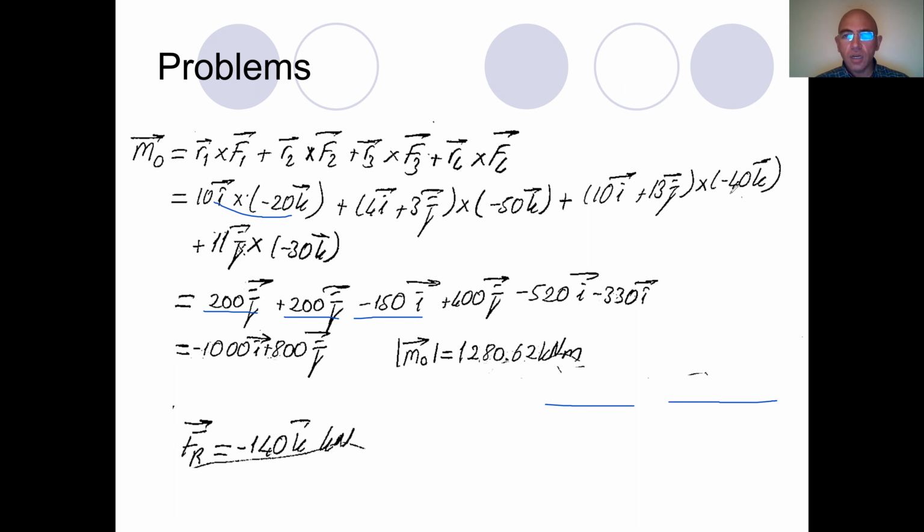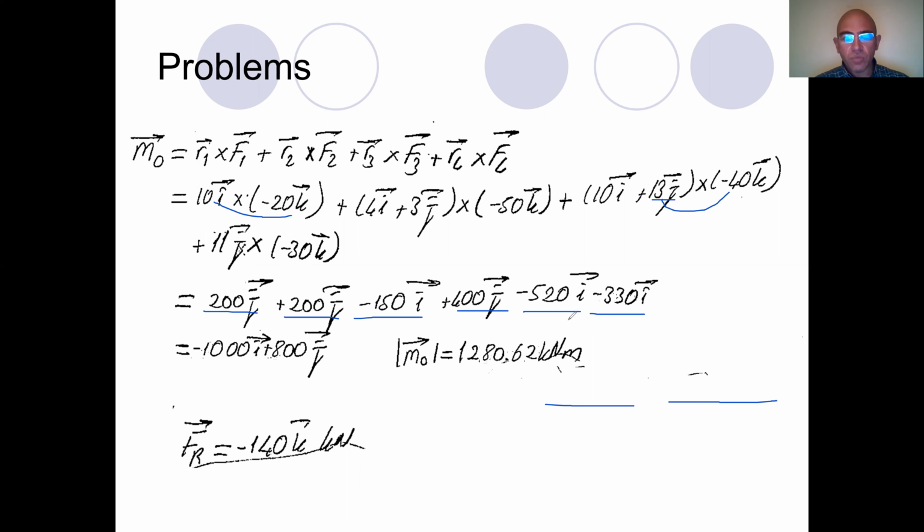Here 10i multiplied by minus 40k, so it is positive 400j vector. 13j multiplied by minus 40k is minus 520i vector, and at last I have 11j, so this is R4 multiplied by F4, 11j multiplied by minus 30k. From j to k it's positive i vector, so it is minus 330i.